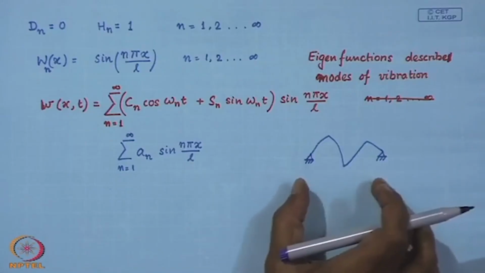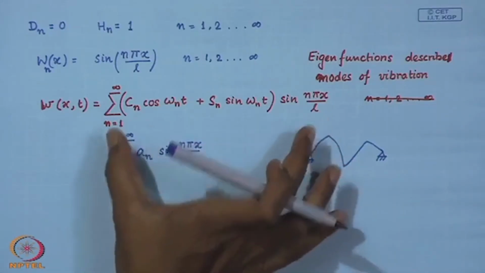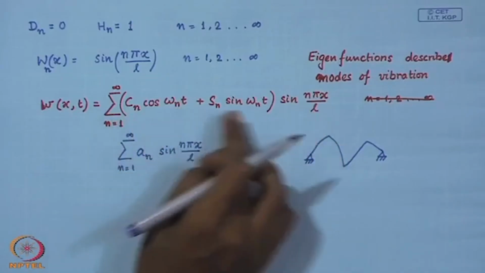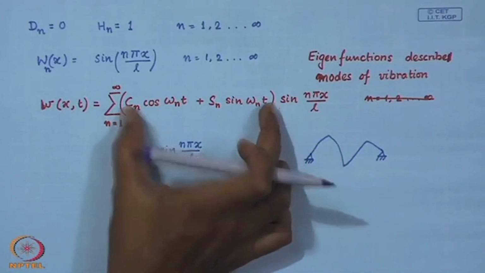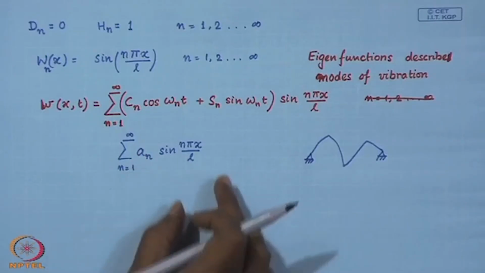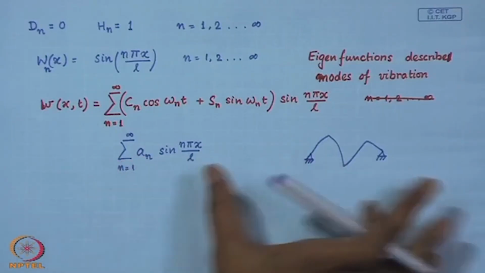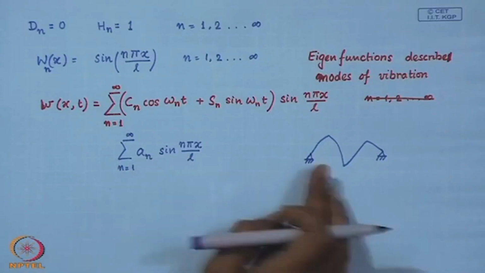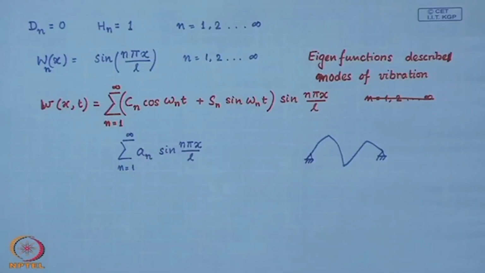So, any shape of the string at any time instant is a constant which is represented here as a n, and then this is expanded in terms of these functions sin n pi x over L.